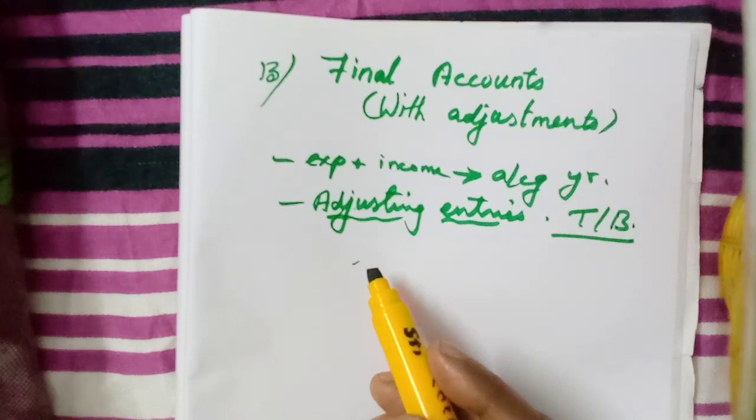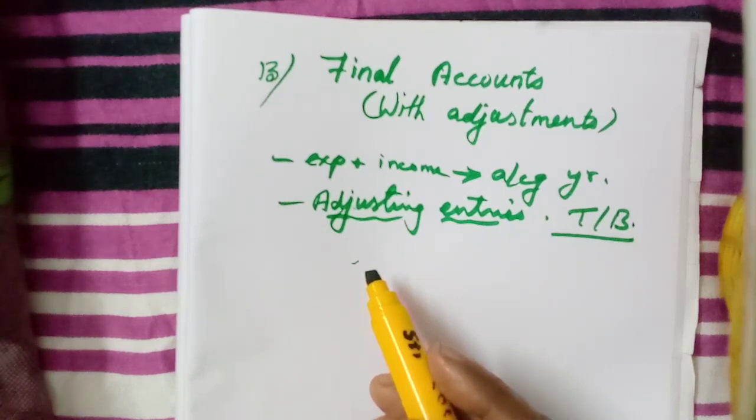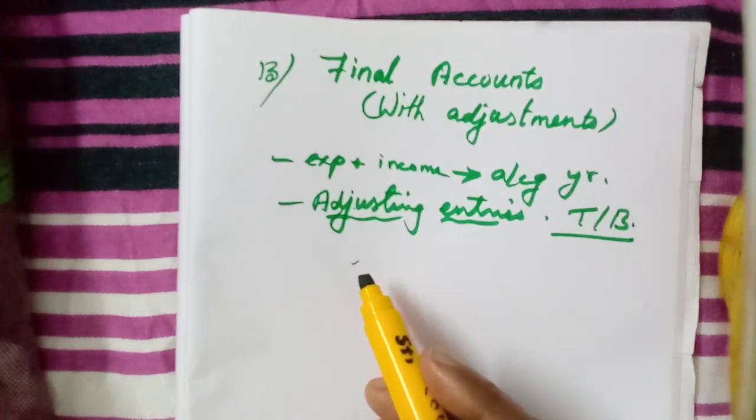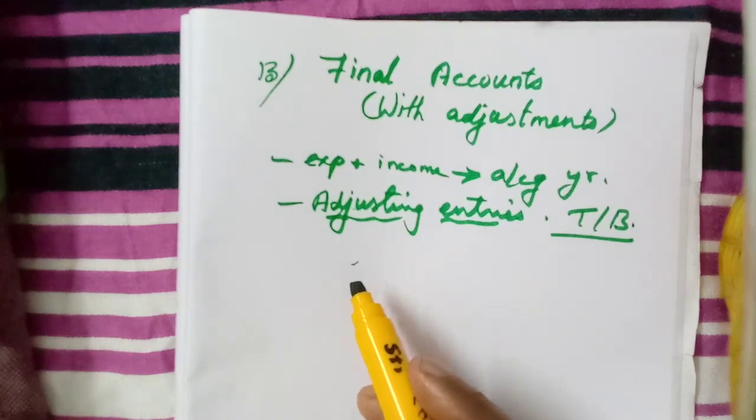So for example, if we need to pay some amount as salary, okay, we have not paid, because usually business organizations may pay the salary on the first of next month for the salary of the current month. At the end they may not pay on 31st or 30th. In the next month only they will pay.